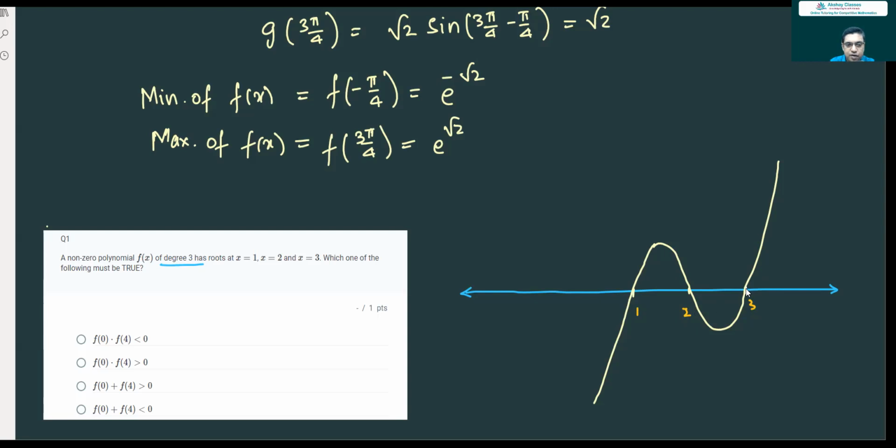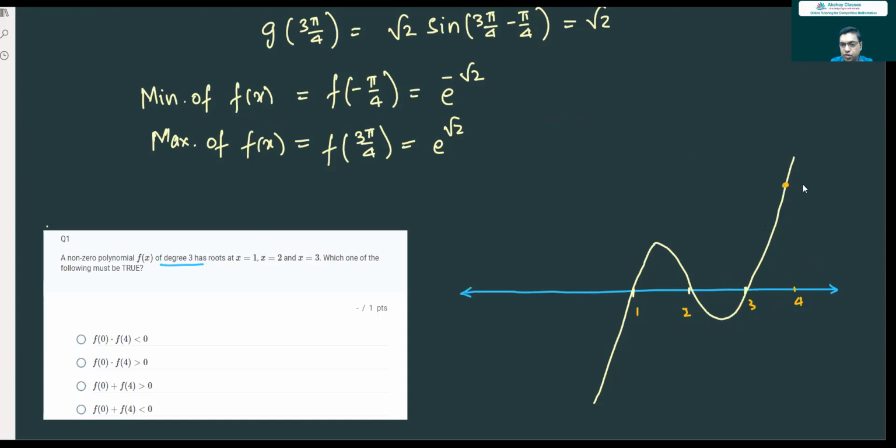Now f of 4 will have a value somewhere here.